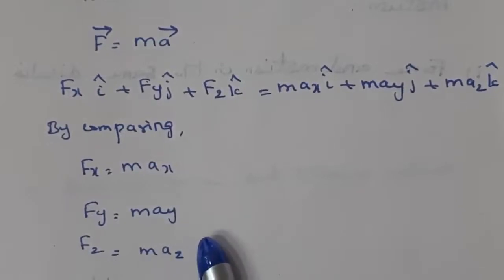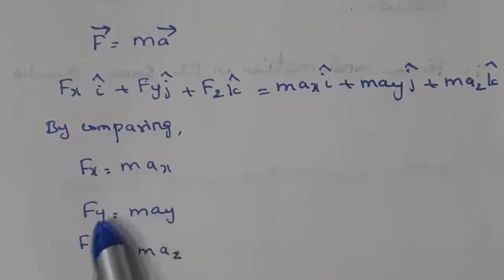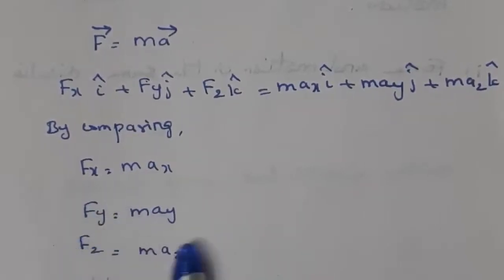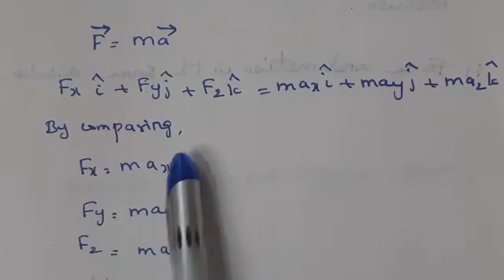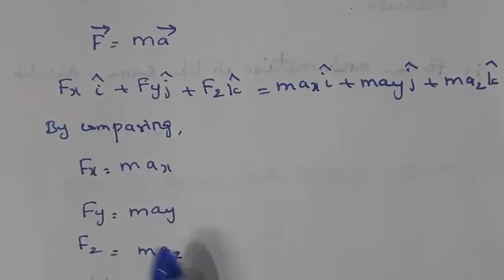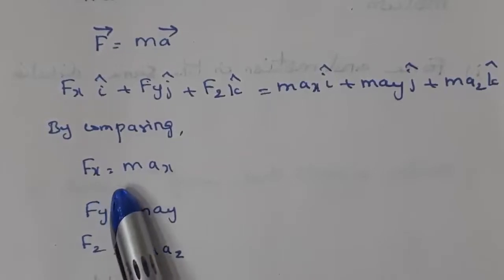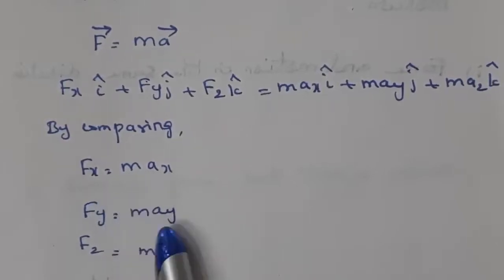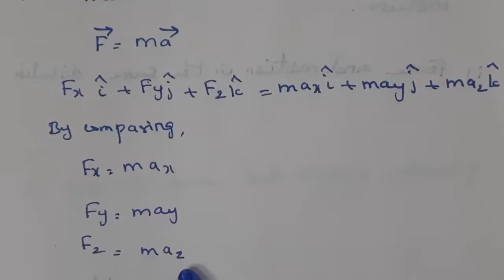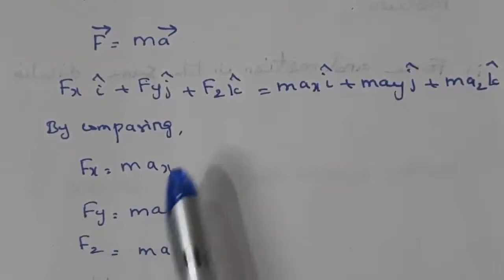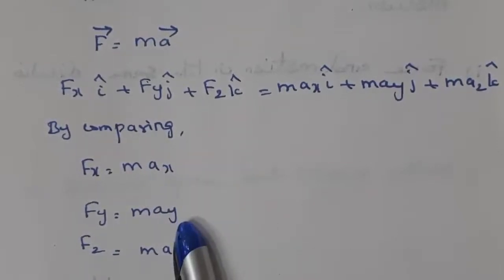So from these equations, we can understand that the force acting along the y direction cannot alter the acceleration along the x or z direction. Force acting along the x direction cannot alter the acceleration along the y or z direction. Similarly, force acting along the z direction cannot alter the acceleration along the x and y direction. This is the first point.